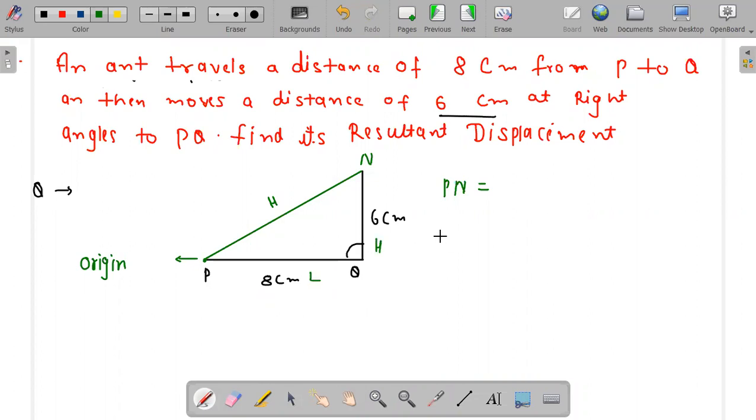Anyone can write me formula of hypotenuse. Yeah, Farhan, very good. It is very simple formula. Maybe you have studied this type of formula in 8th class. I think you don't need to do so much thing for this.